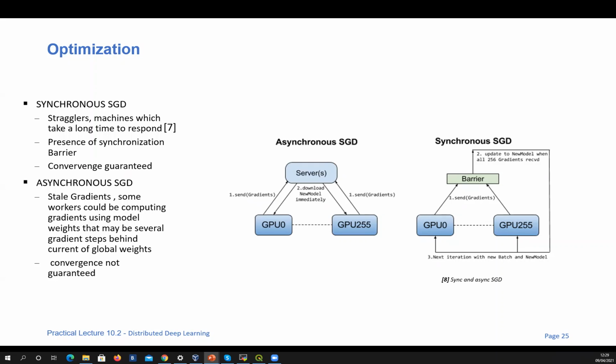In the synchronous approach, every process does an iteration, so goes once through your batch, and synchronously each device exchanges the gradients and performs the average, and it goes on synchronously in this way until your epochs are over.